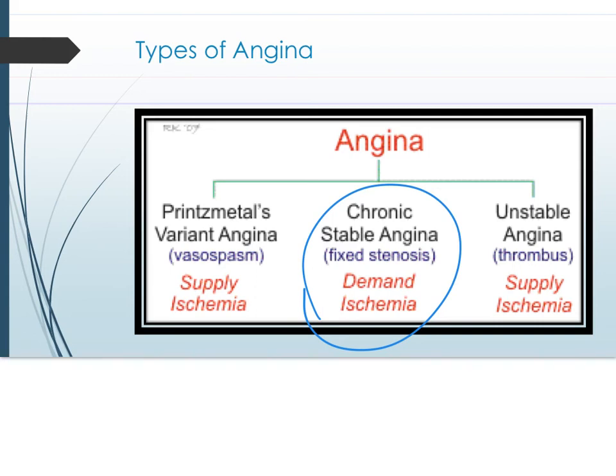And so they have this increased need for oxygenated blood, an increase in the demand, and because you have a narrowed artery, it cannot supply the oxygenated blood and nutrients that the heart needs, and within 10 seconds, when this runs out or becomes unequal, someone develops chest pain.